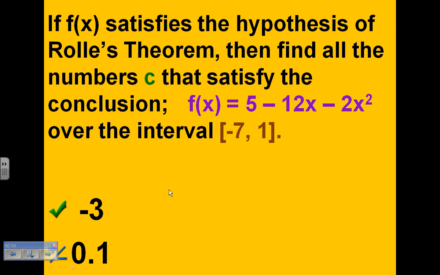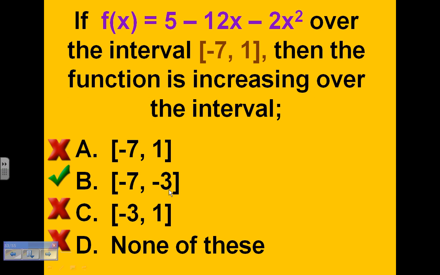Minus 2 is negative 9. I must have made a mistake on my arithmetic on the other one. 5 minus 84, 79. Oh, that's right. Yeah, so they are the same. So if they're the same, then the derivative has to equal 0, and it does so at -3. So that's Rolle's theorem. And then finally, the last one, increasing.